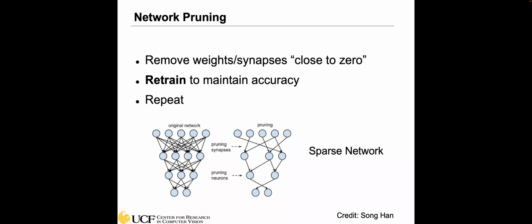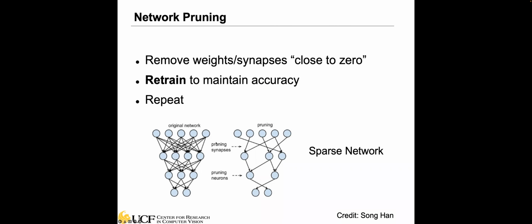You can design some scores to help you decide which weights or neurons you want to remove from the network. The simple one is just to look at the magnitude of the weights. If the magnitude of the weights is very small, close to zero, then pretty much it does not contribute too much in terms of the optimization. So we can remove that.